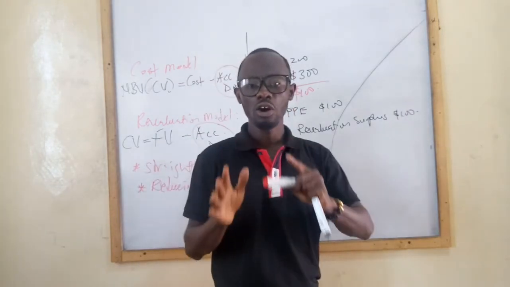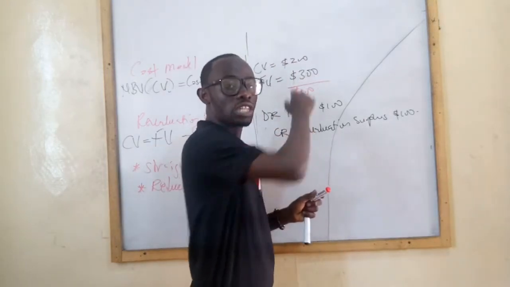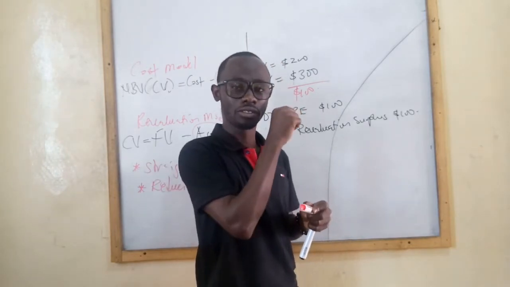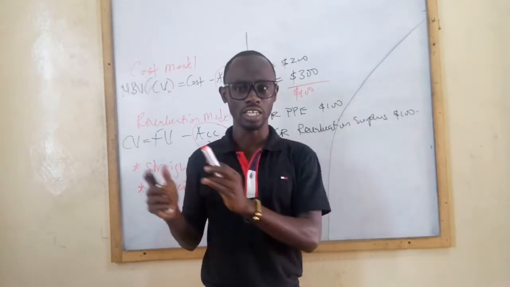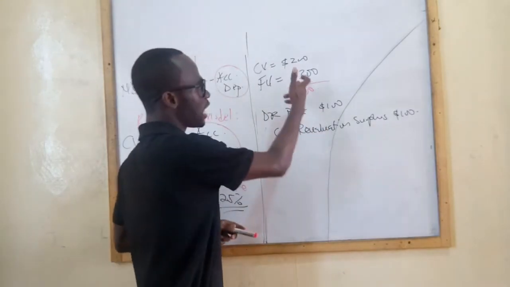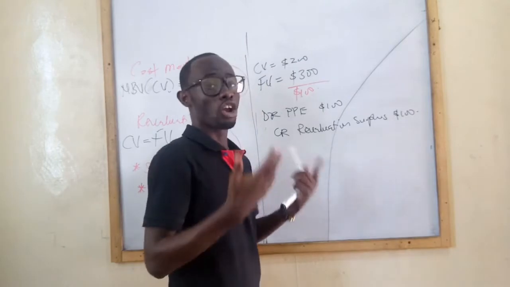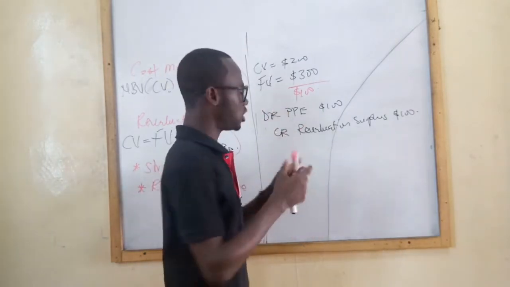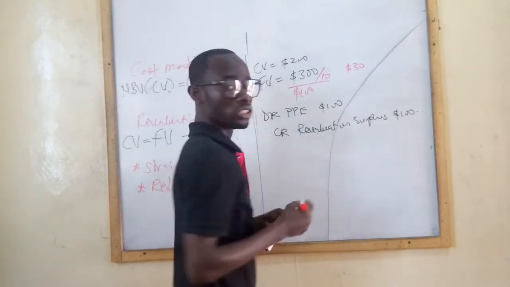Now, note that depreciation will always be charged on the revalued amount. If depreciation is charged on the revalued amount, it means that higher depreciation will be charged than usually it has to be. So for instance, if we revalue the asset at the beginning of the year to be $300, and let's say the economic useful life of the asset is 10 years, then the depreciation for that year, divided by 10, would be $30.